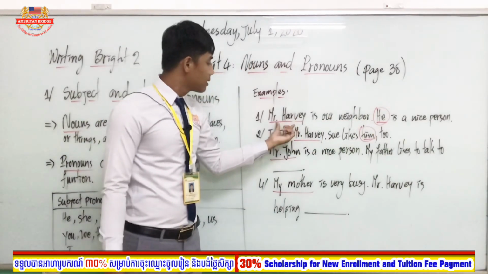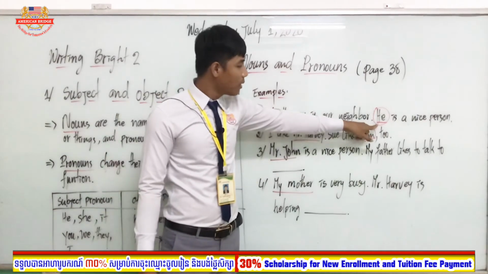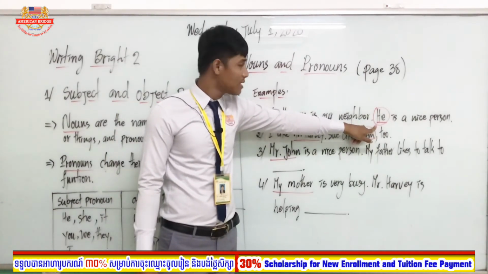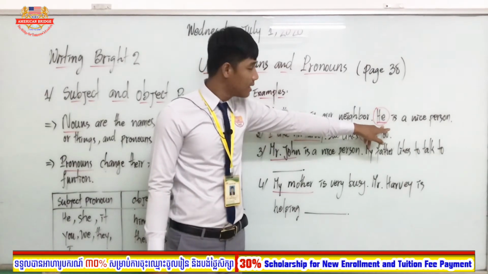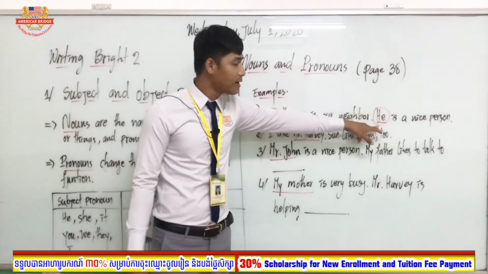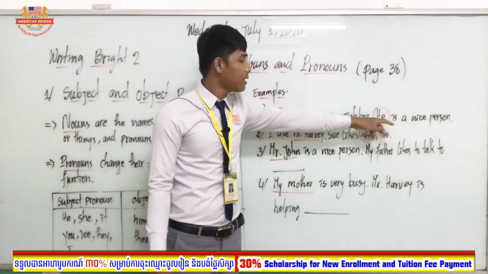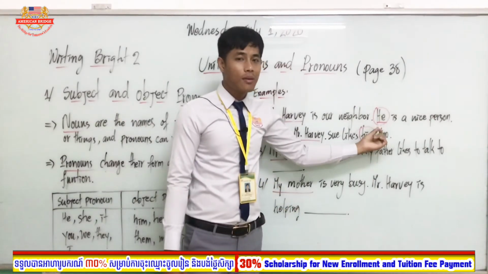He. So Mr. Harvey is a man, right? So we replace Mr. Harvey. We do not write Mr. Harvey anymore in the second sentence. We replace the noun Mr. Harvey with he. He is a nice person. Who is he? Mr. Harvey.